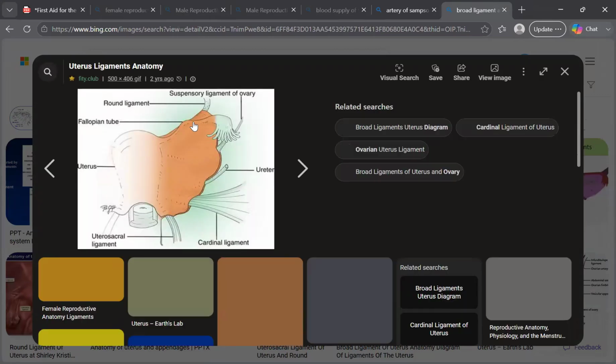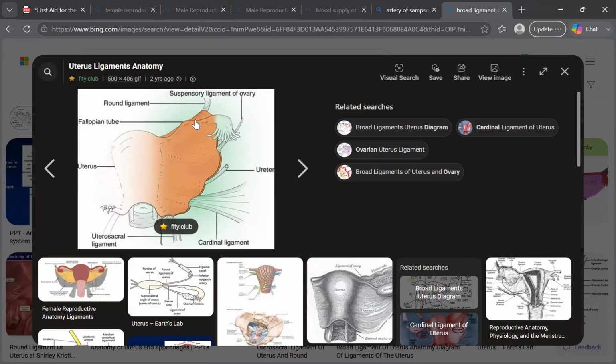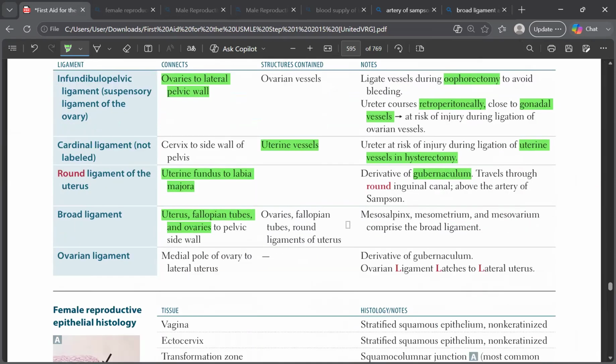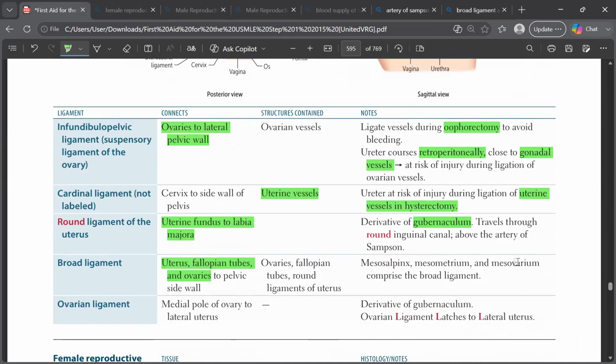So this is the round ligament of uterus. It is going backwards, and this whole thing is the broad ligament of uterus. Okay, so it is covering that as well. So it is a content. I get it now, to the pelvic side wall. And mesosalpinx, mesometrium, and mesovarium comprise the broad ligament.